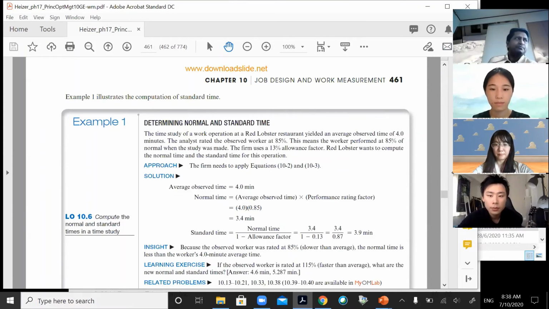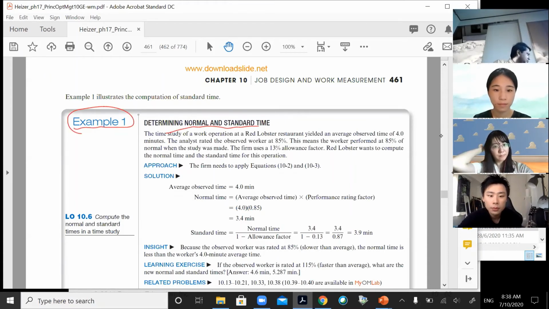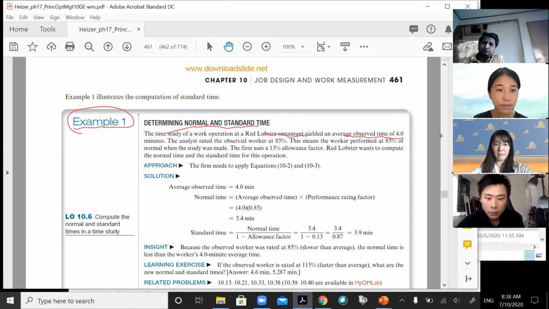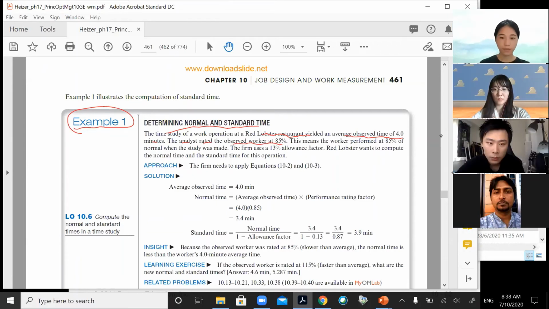Right. So example 1, determining the normal and standard time. If you read together: the time study of a work operation at a Red Lobster restaurant gave an average observed time of 4 minutes. Some work being done in the restaurant. The analyst, the person who does the time study, rated the observed worker at 85%.